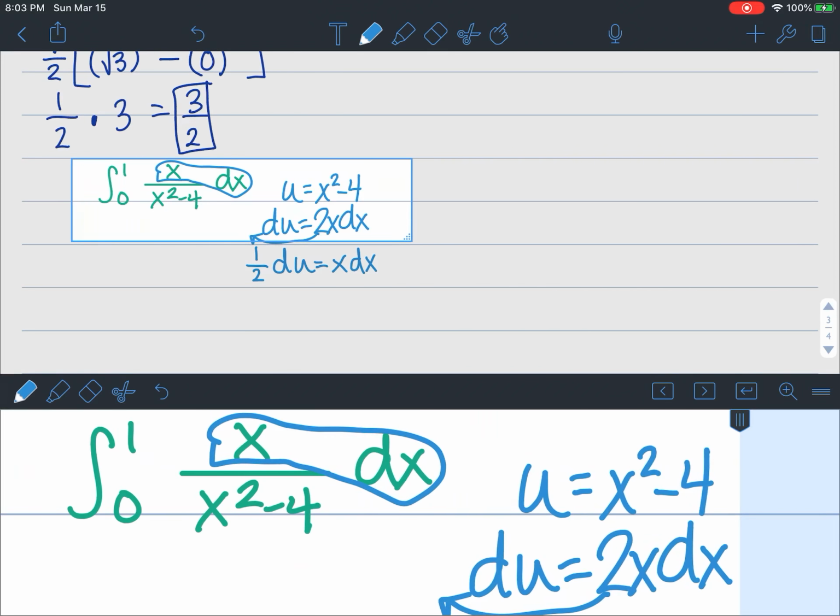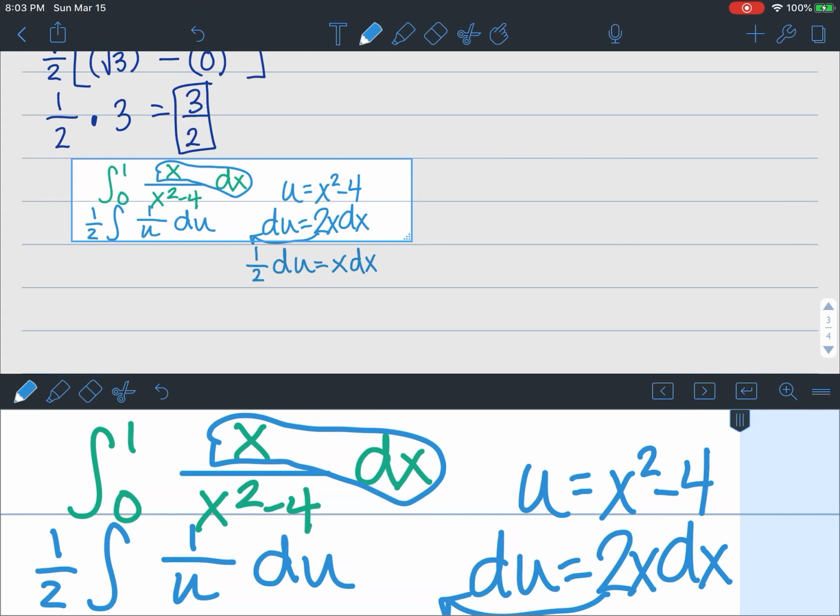And so now I can substitute x dx with 1/2 du. I am going to put the 1/2 on the outside. x dx is getting replaced with 1/2 du. And my x squared minus 4, that's u, but this is in the denominator. So my new integral is really 1 over u.